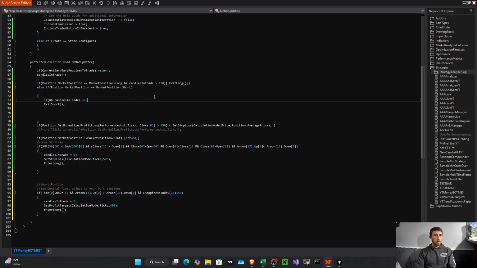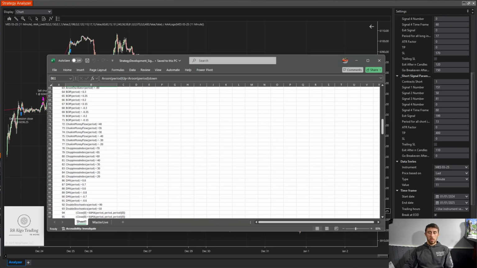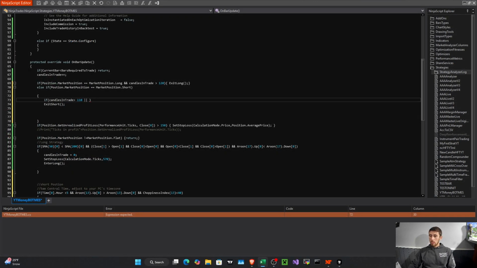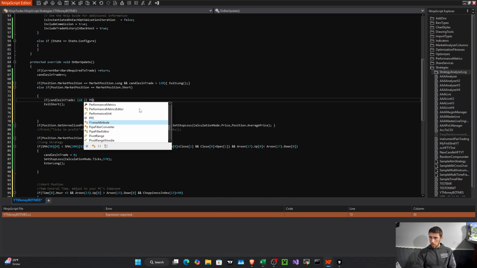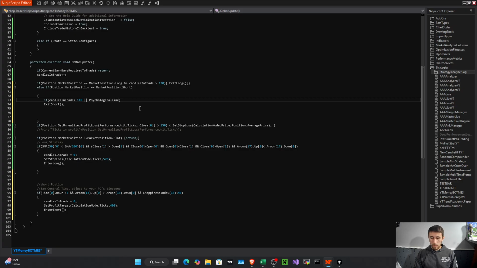So now if candles in trade is greater than 110, or our exit signal occurs, which our exit signal is 199, which is psychological line of the 13 most recent bar is greater than 80.